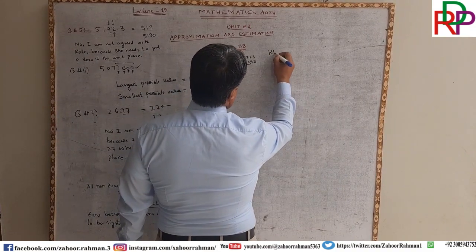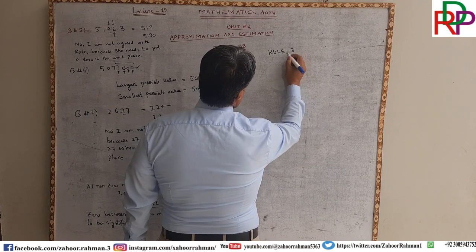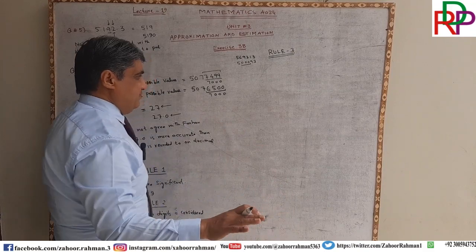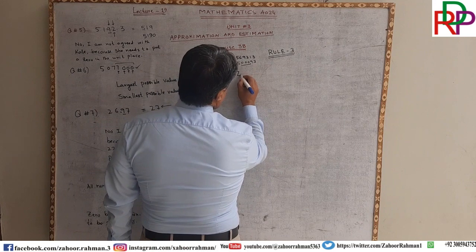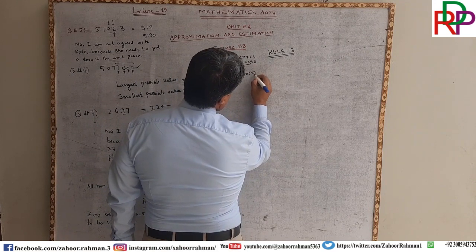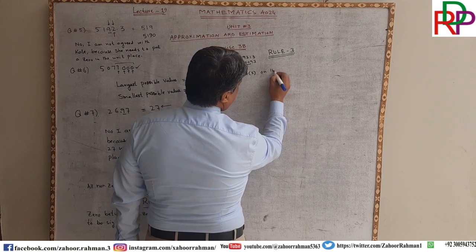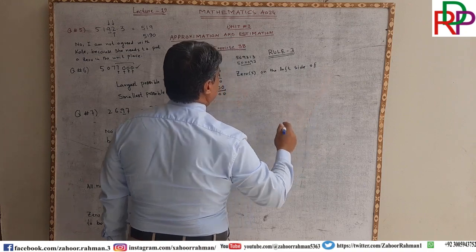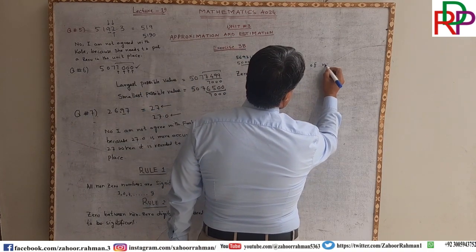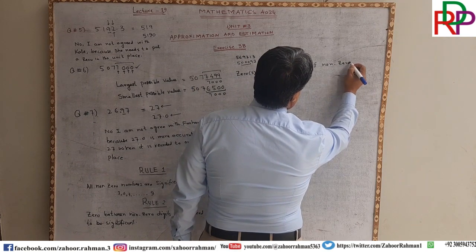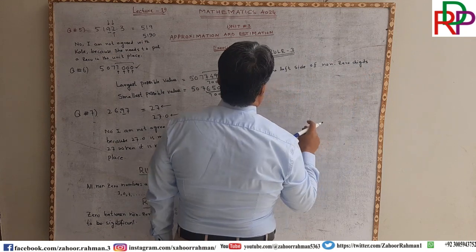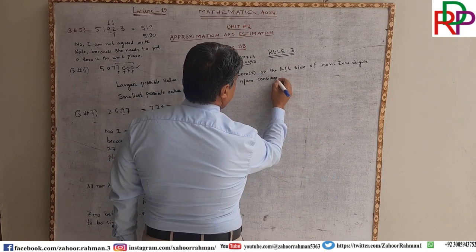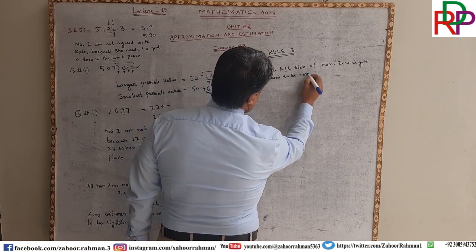Rule number 3 is saying what? Rule number 3 is saying, I am talking about the whole number, not a decimal number, not numbers containing a decimal. Zero or zeros on the left side of non-zero digits are considered to be non-significant.